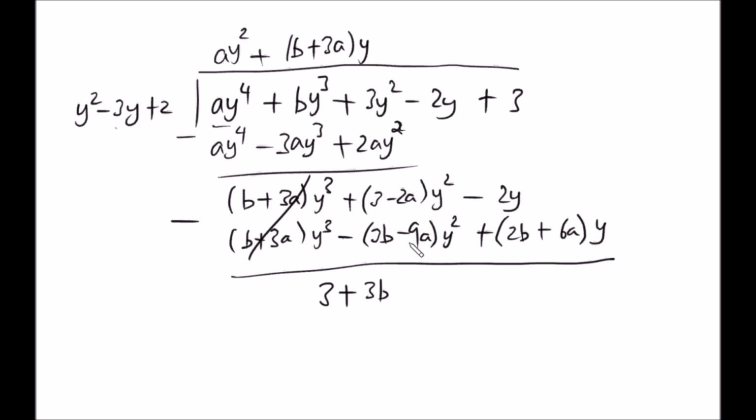So negative 2a plus 9a itakuwa ni plus 7a y squared. And then kwa hapa sasa negative na negative, so tuweke 2 negative. So ndani tabaki na 2 hii huku juu, and then plus 2b. So naweka plus kwa sababu tayari kuna negative hii huku nje, plus 6a times y. So ile 3 kule tuishushe like that.